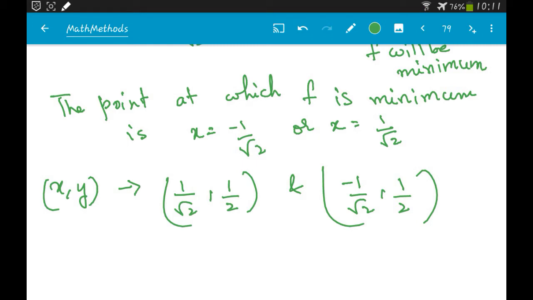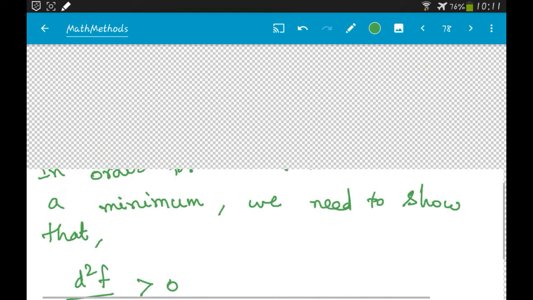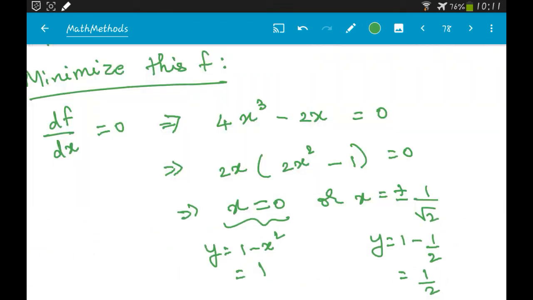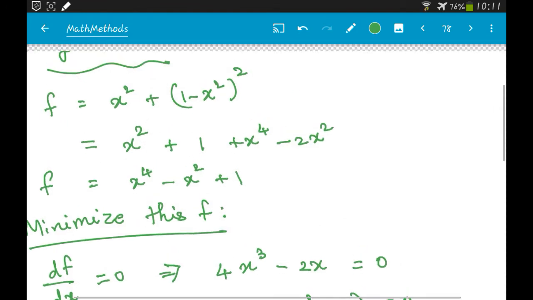So this is called the method of elimination. Why? Because we used the condition that y is equal to 1 minus x square and we eliminated y from the equation.